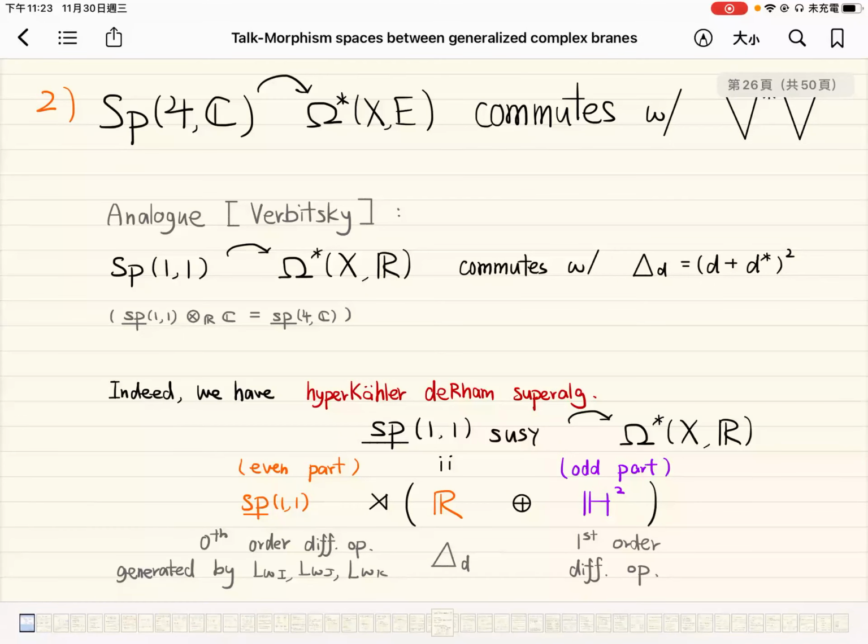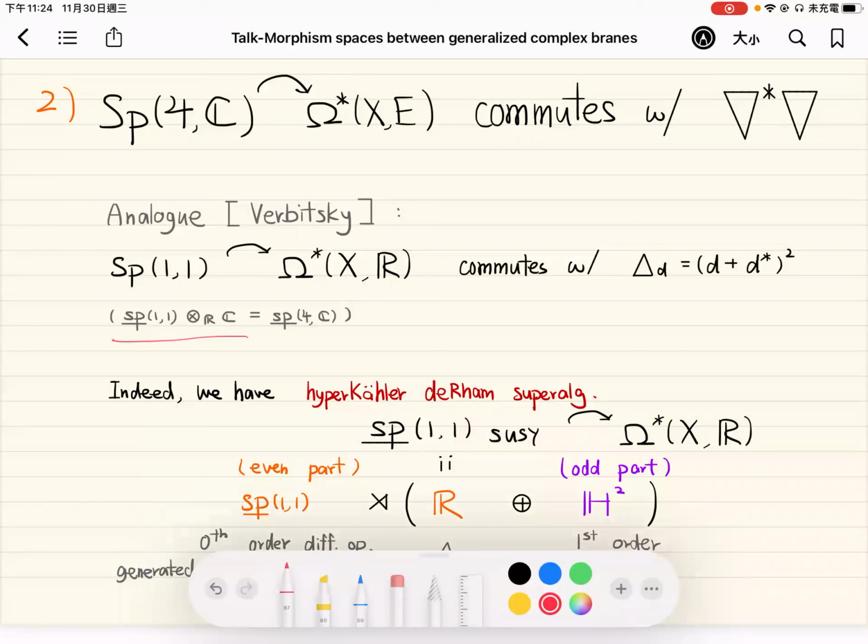There is an analog in the case when E is the trivial line bundle, and that is the result also given by Verbitsky, that we have an SP11 action acting on the real differential forms on X, and it commutes with the Dirac Laplacian. If you take the complexification of SP11, it gives you the SP4C.